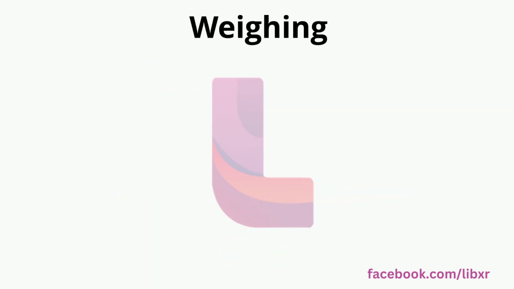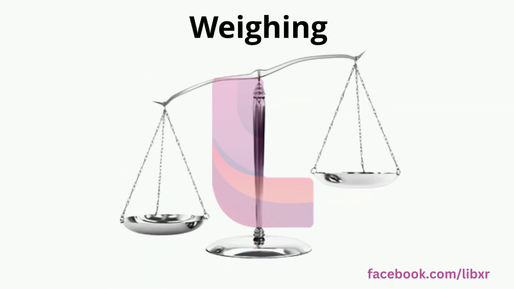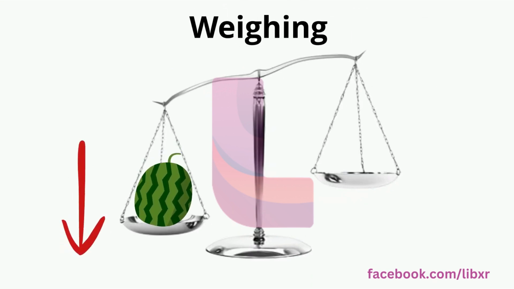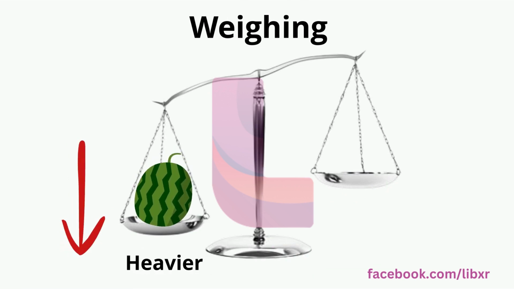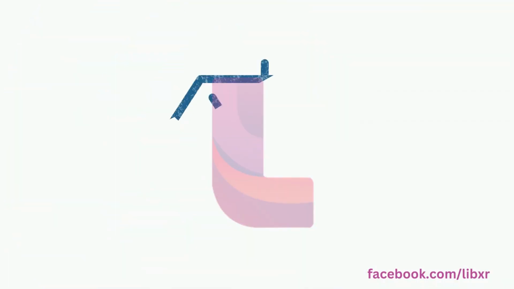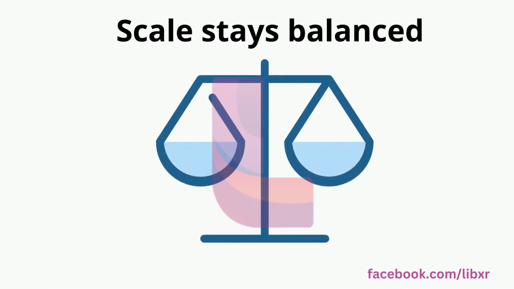When we weigh two objects on a scale, if one object goes down, it means it is heavier, and the other object goes up, it means it is lighter. But if the scale stays balanced, it means both objects have the same weight.